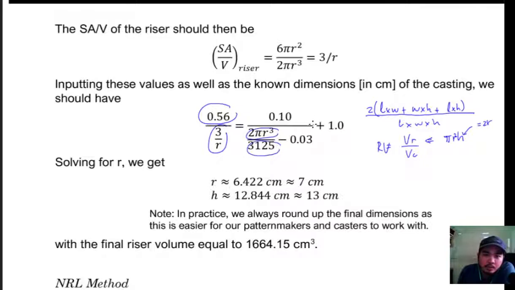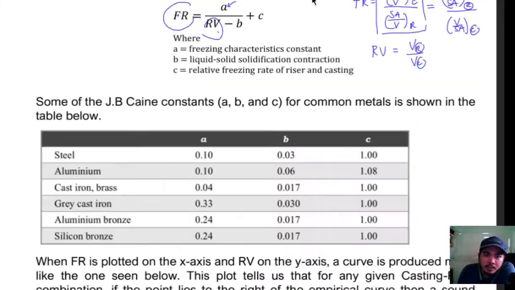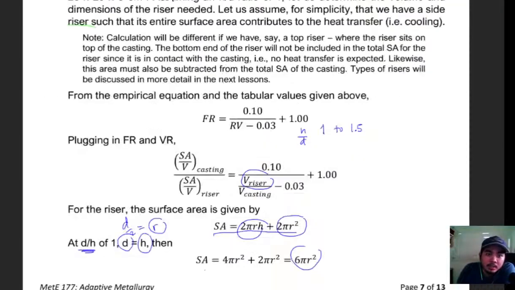Okay? So we have 2 pi r cube. Tapos ito, volume of the casting is just length times width times height. Okay? So we have 3125. Tapos input natin yung constants. And from the table given earlier, ito, we have steel daw kasi siya, so we use 0.1, 0.03, and 1 as the ABC constants.